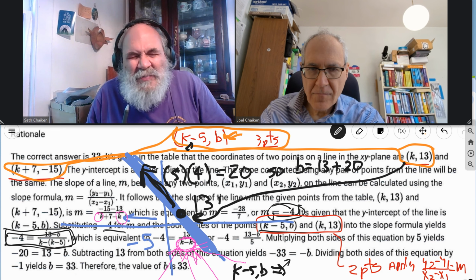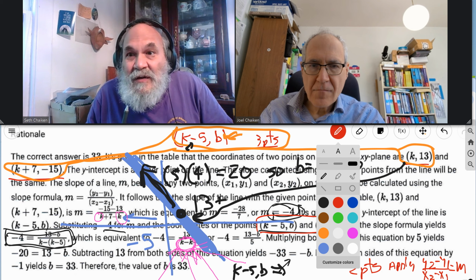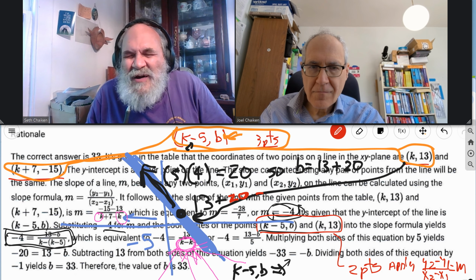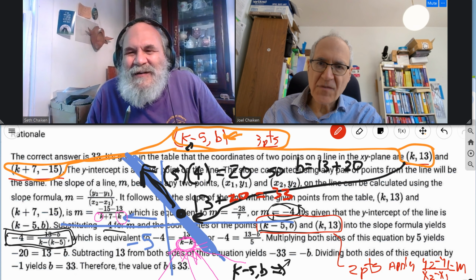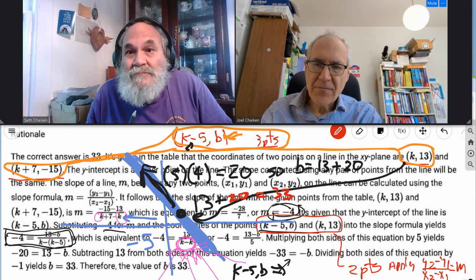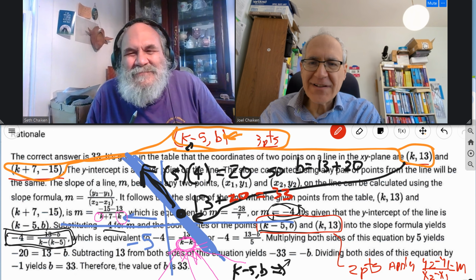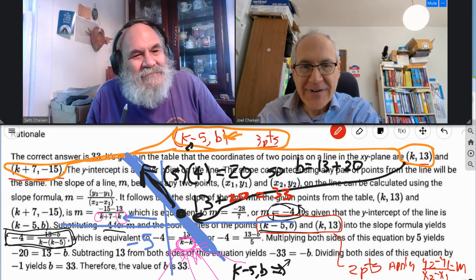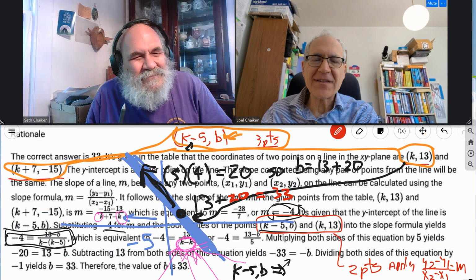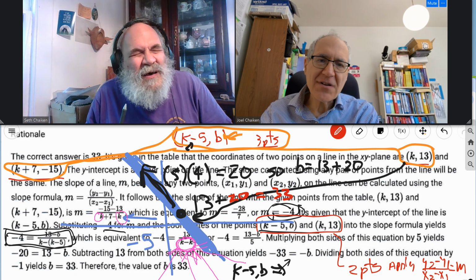Whatever k was plus 7 is the x-coordinate of the y-intercept. The way they're doing it and the way we just did it, it seems completely irrelevant that it's the y-intercept. That's sort of interesting.